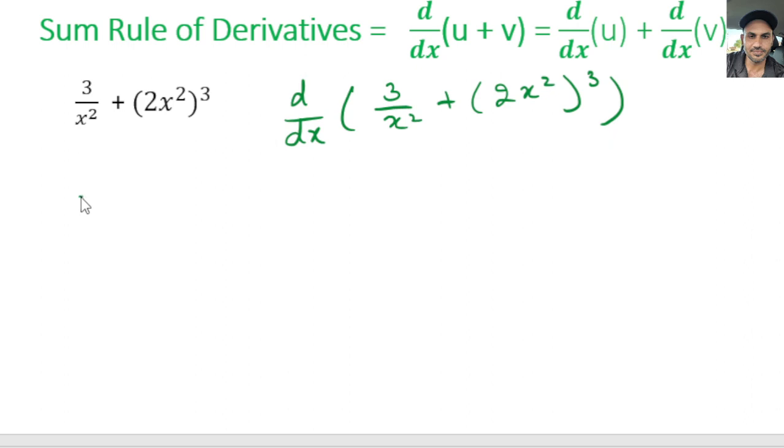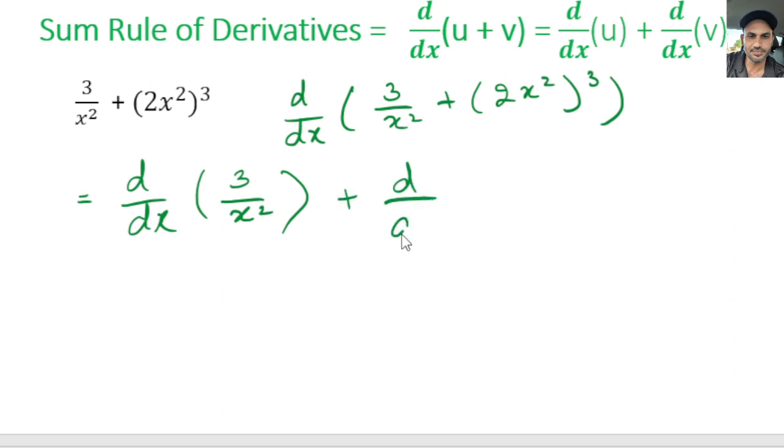So I'm going to write it again, d over dx of 3 over x squared plus d over dx of 2x squared raised to the third power. I'm going to simplify a little further.